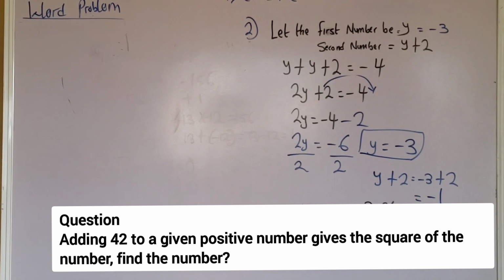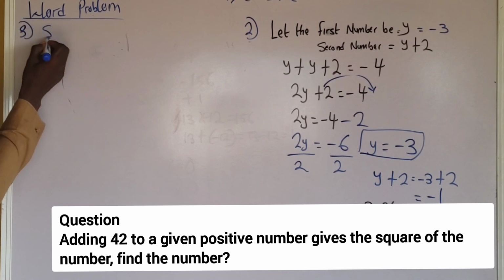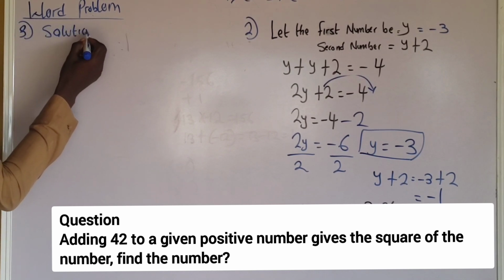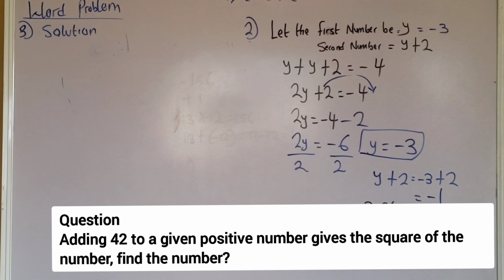Solution. Now we want to construct our equation. We don't know the number. We are not given the number. We are only given information related to the number, and the information is that if we add 42 to a given positive number, the result is the same as squaring the number.